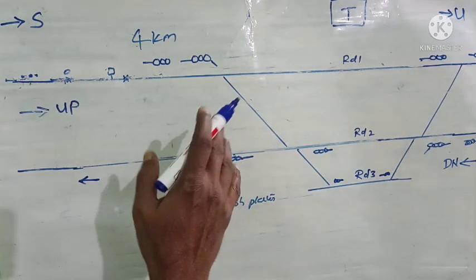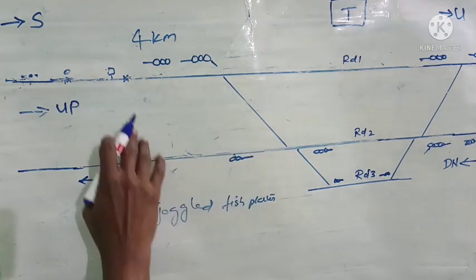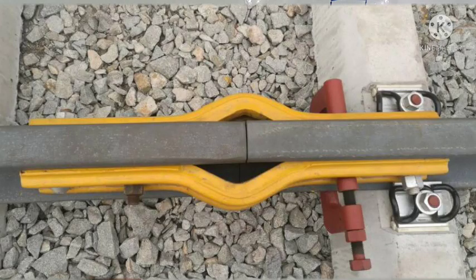So he will get these joggled fish plates from there and attend the failure. Attending the failure, he will place joggled fish plates on either side and these will be clamped. As you can see in this figure, it is done like this. The weld failure is thus temporarily attended.